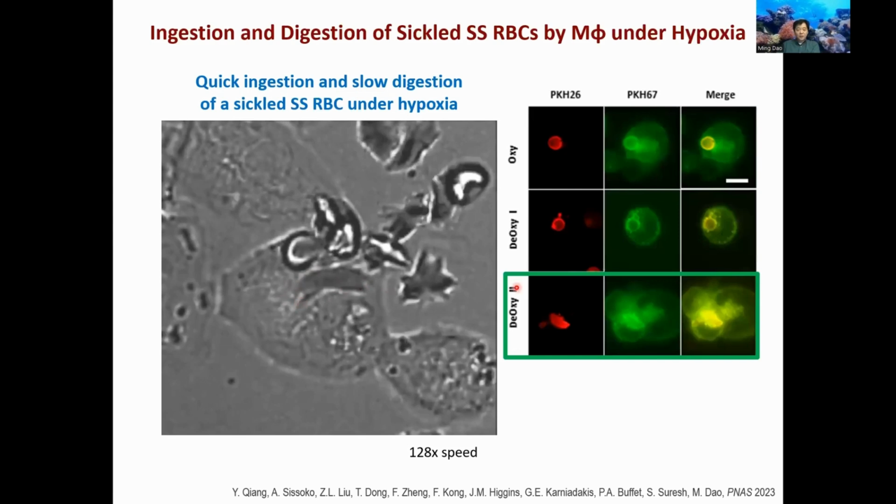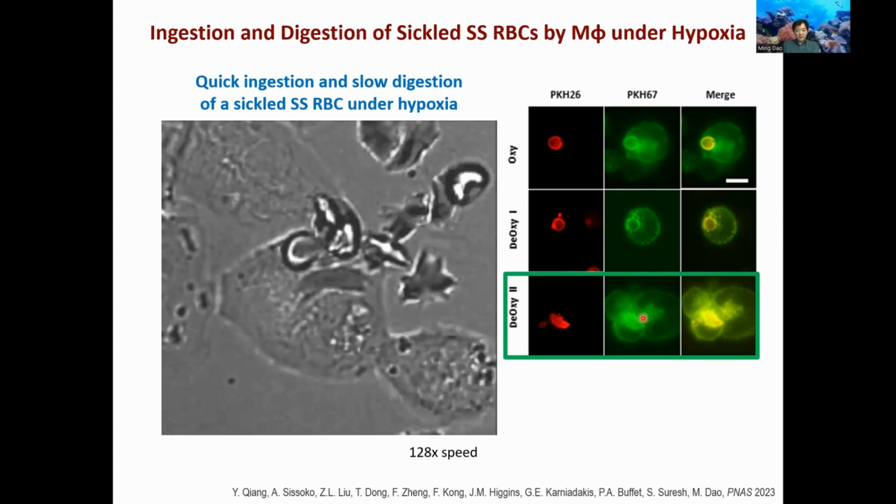So if you observe these different conditions under this confocal microscope, you can show sickle cells. This is under oxygenated condition, and under deoxygenated condition, when they don't sickle, they behave quite the same. But under deoxygenated condition, they stay sickled for a long time.